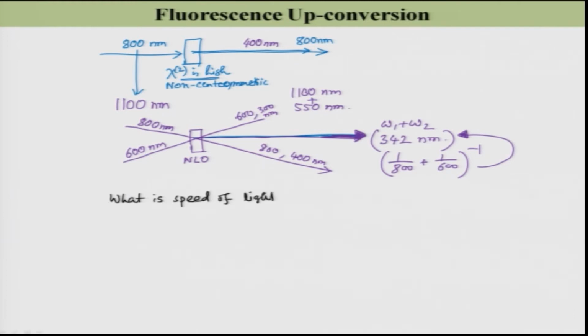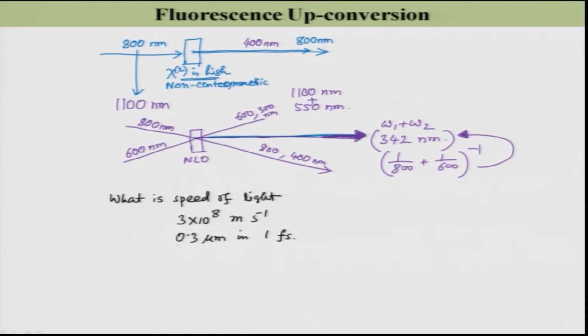We all know the speed of light, it is 3 into 10 to the power 8 meter per second. It means light travels a distance of 0.3 micron in 1 femtosecond. So, 0.3 micrometer in 1 femtosecond.